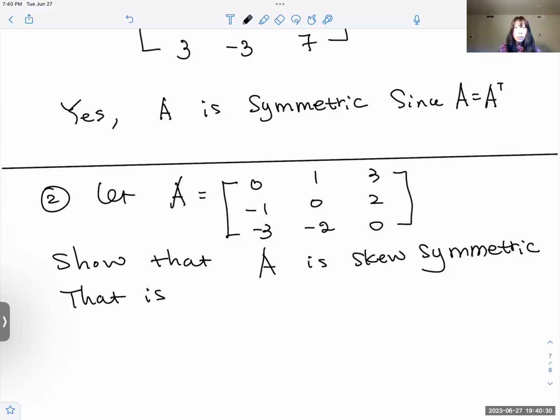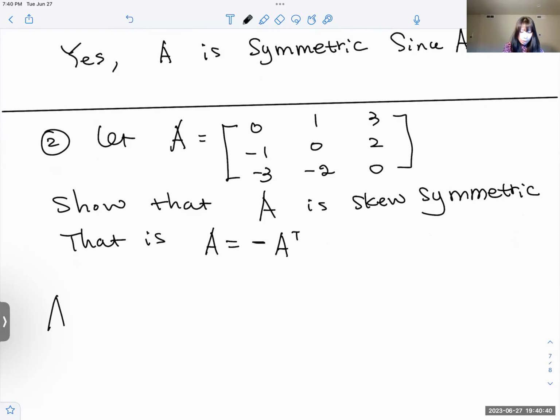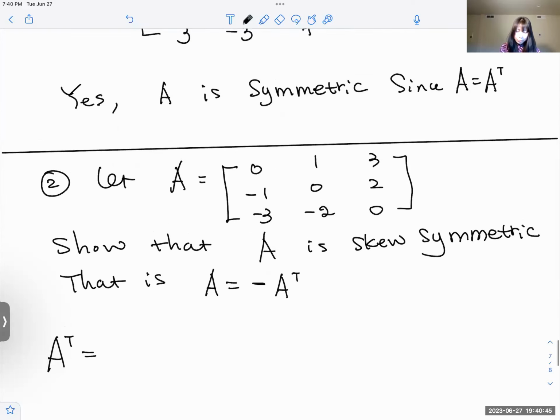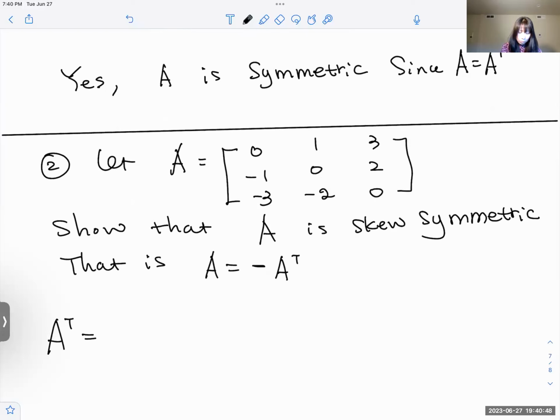So A equals negative transpose of A. All right, let us do this. The transpose of A: rows become columns. So 0, 1, 3, negative 3, 1. I'm sorry, 0, 2, negative 3, negative 2, 0.